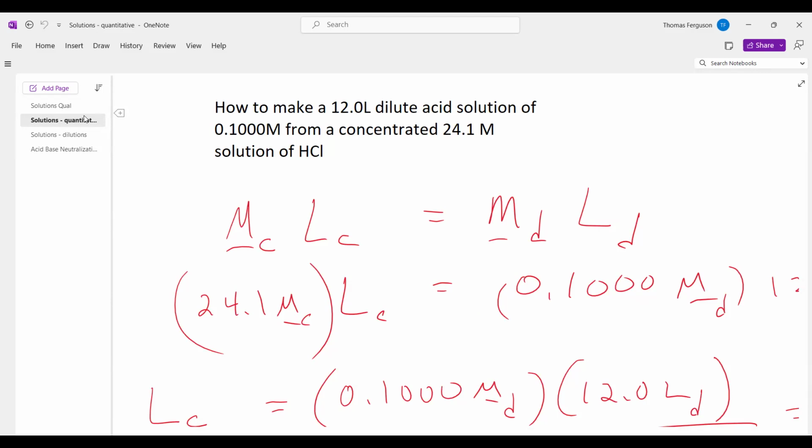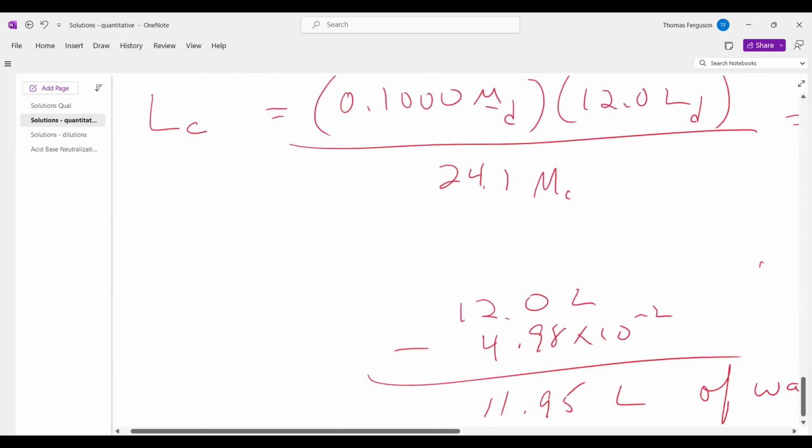You have to remember again, we have concentration times volume, that's concentration, volume again, equals moles.